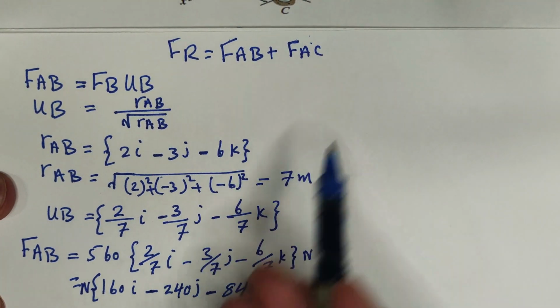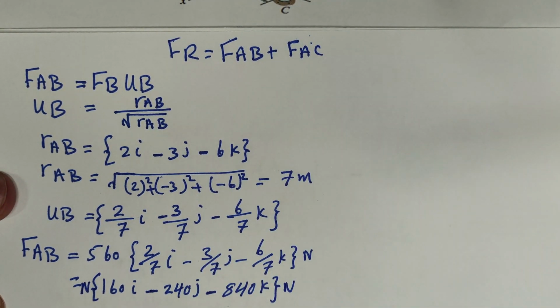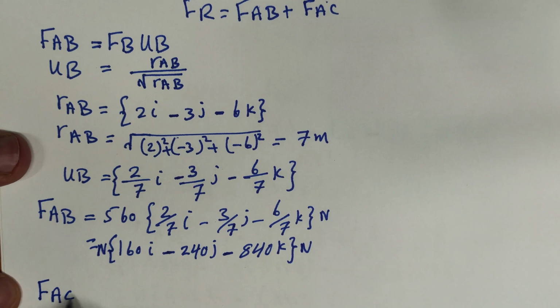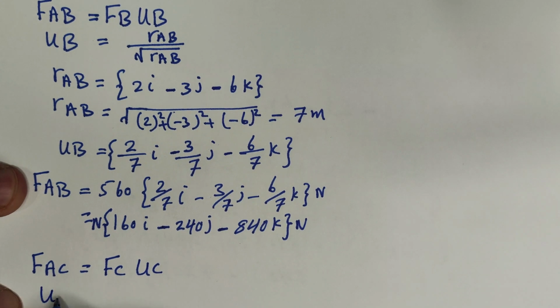Now we're going to find FAC, which is equal to FC multiplied by the unit vector C. The unit vector C is equal to the position vector RAC divided by the magnitude of that position vector.